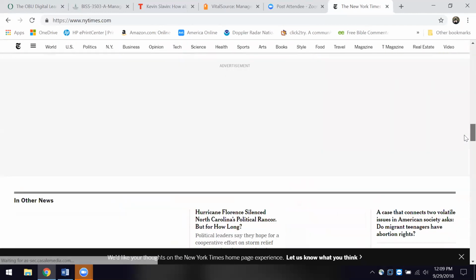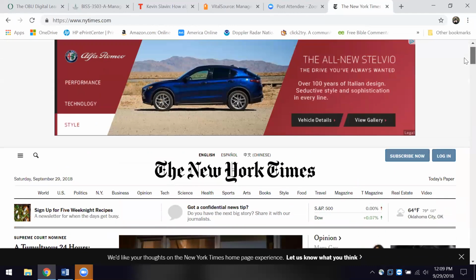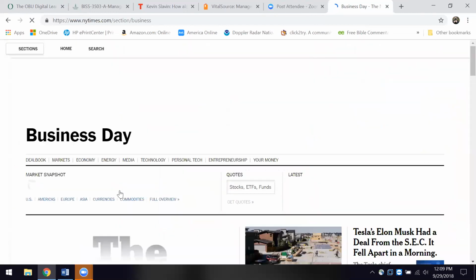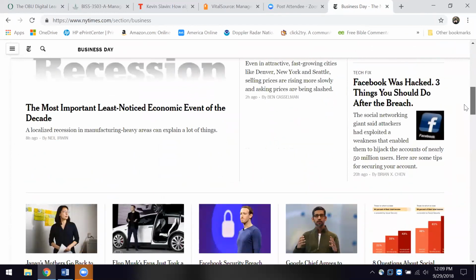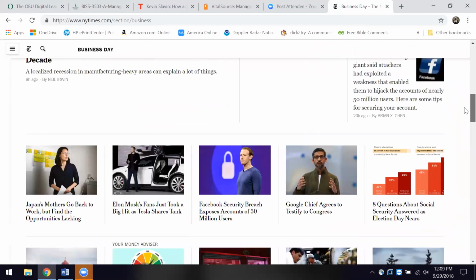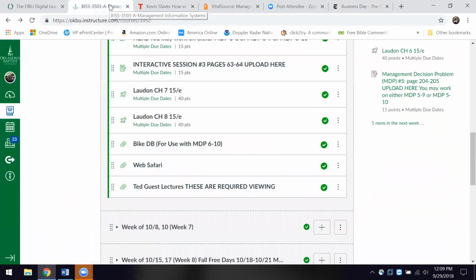So once again, Facebook is under the gun. And we'll go to the business section. And here we are, Facebook hacked again. And here it is, another security breach exposing 50 million users. Here's a person from Google, one of their executives, who's been subpoenaed. So this is an important chapter for you to read and to take a look at.